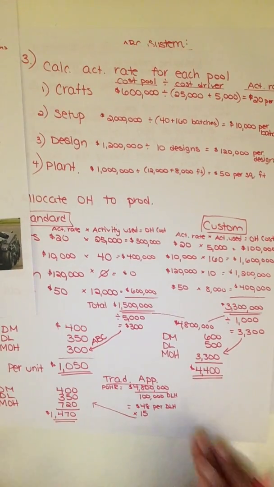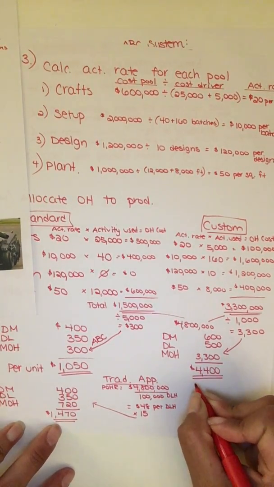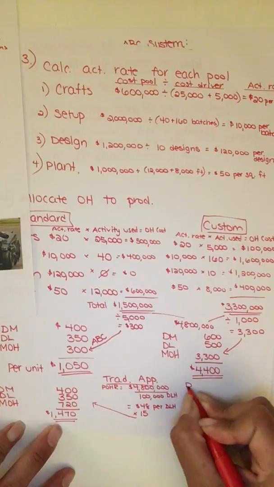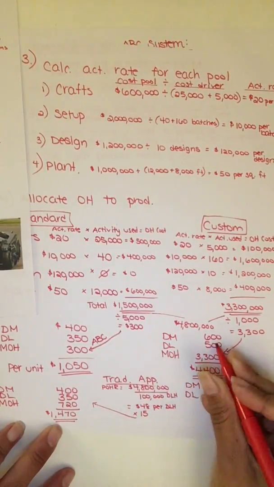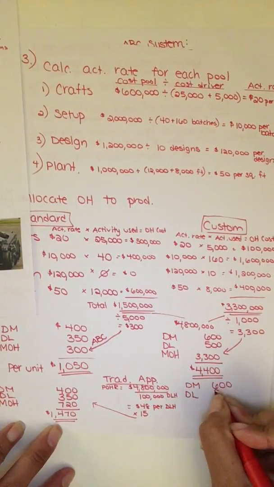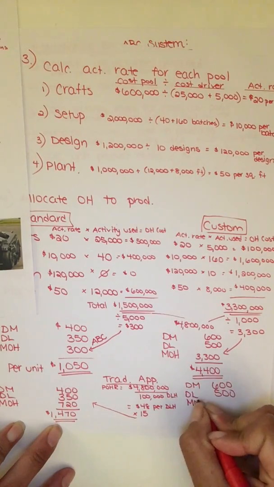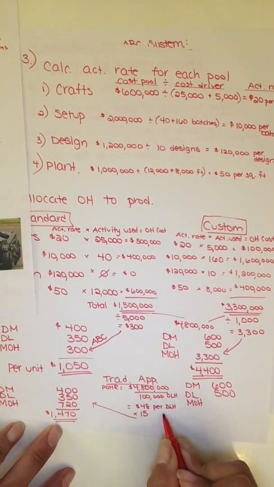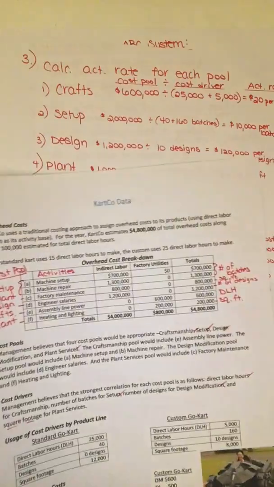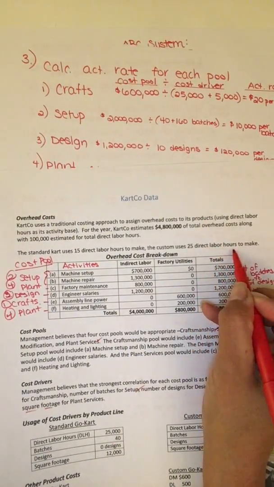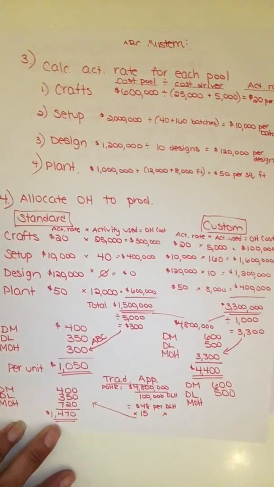Go ahead and repeat for custom. For custom, under the traditional approach, DM, DL, the same, 600, 500. What was our MO? It was $48 per unit times 25 direct labor hours to make the custom part per unit.